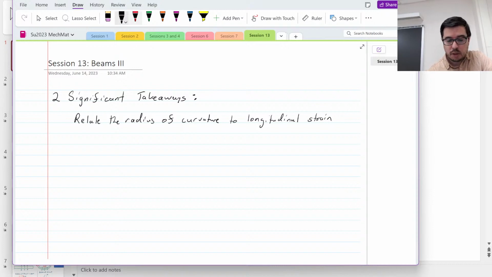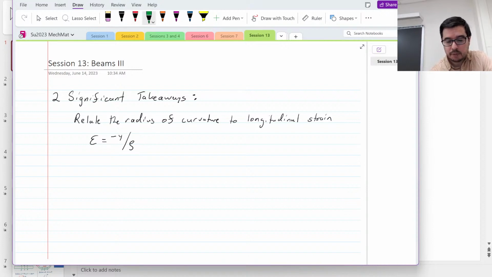The equation that comes out here is that the longitudinal strain is going to be equal to minus y over rho. And what is this talking about?